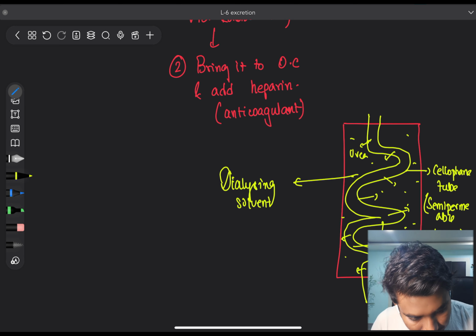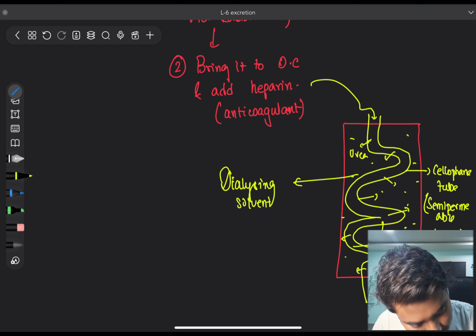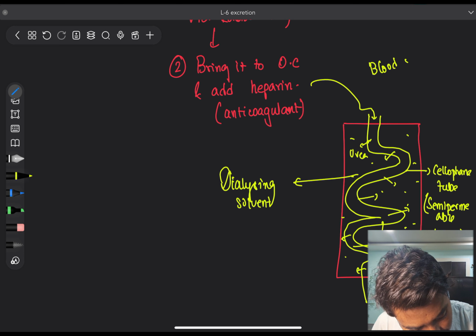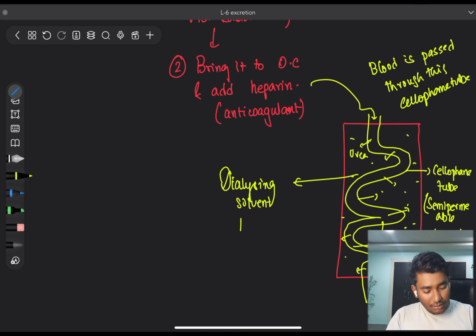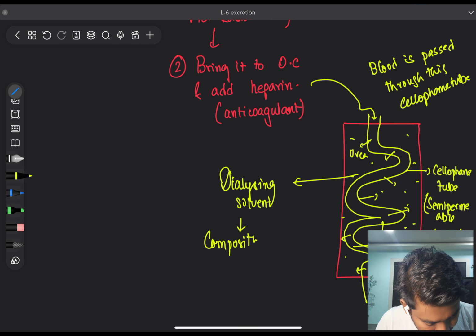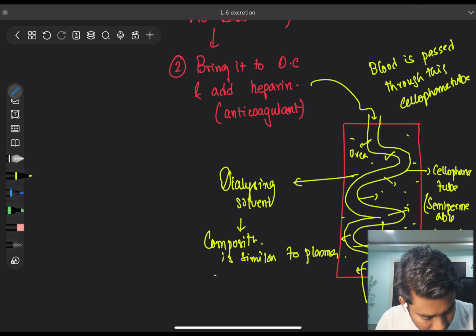Blood is passed through this cellophane tube. The composition of the dialyzing solution is similar to plasma except for nitrogenous waste.